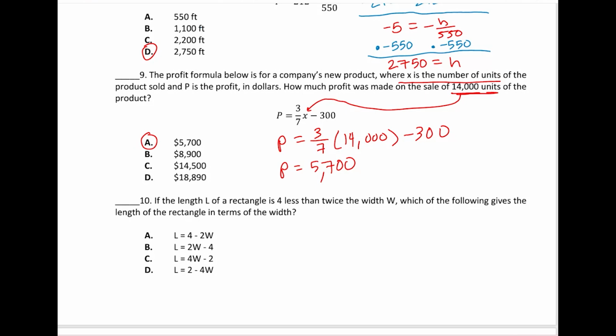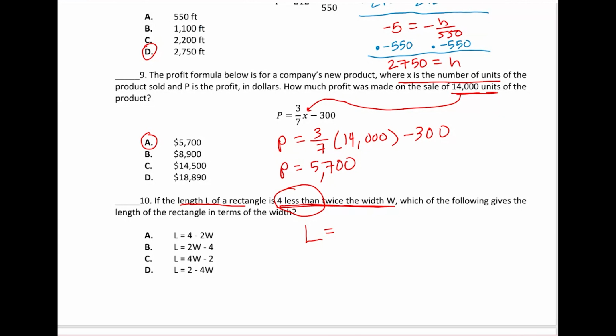All right. Our last problem for today. Number 10, if the length L, so that's the length of a rectangle, is, here we go. Now this is where we really got to pay close attention. 4 less than twice the width W. So the length is 4 less than. You got to be real careful with the less than.